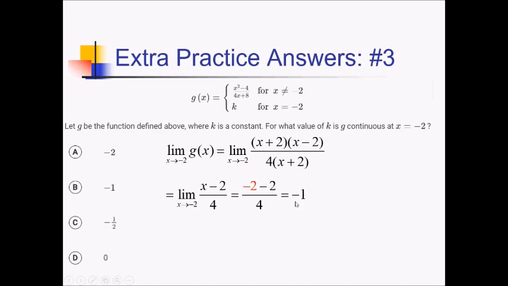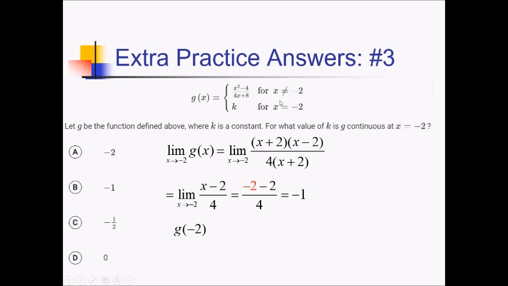All right, so that was the limit at -2. Now we have to look at the function value at -2. That would be f of -2, or g of -2 actually in this case. Different function, I'm used to using f. Whatever. That equals whatever I get when I use this x equals -2 rule, and that's the constant k. It always gives you k no matter what you plug in.